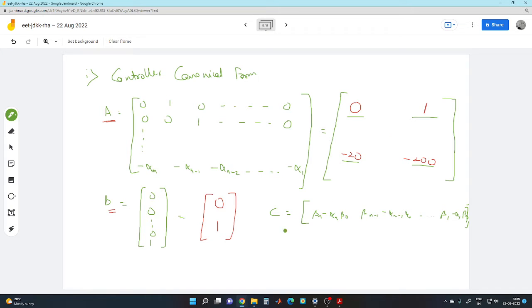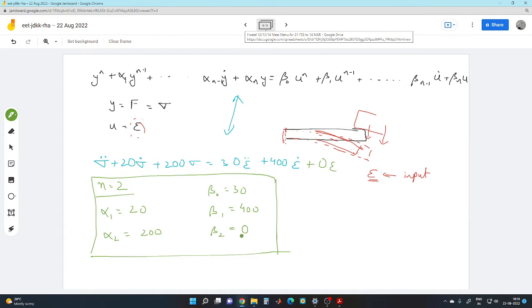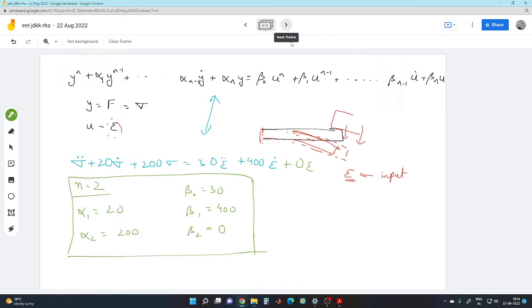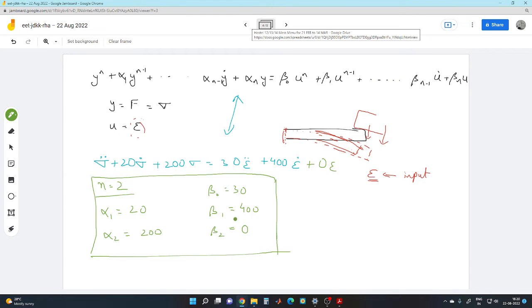So if we substitute these values, what will be beta 2 minus alpha 2 beta naught? Here we see beta 2 is 0, alpha 2 is 200, and beta naught is 30. So it will become minus 6000. And beta 1 minus alpha 1 beta naught. Beta 1 is 400, alpha 1 is 20, and this is 30.